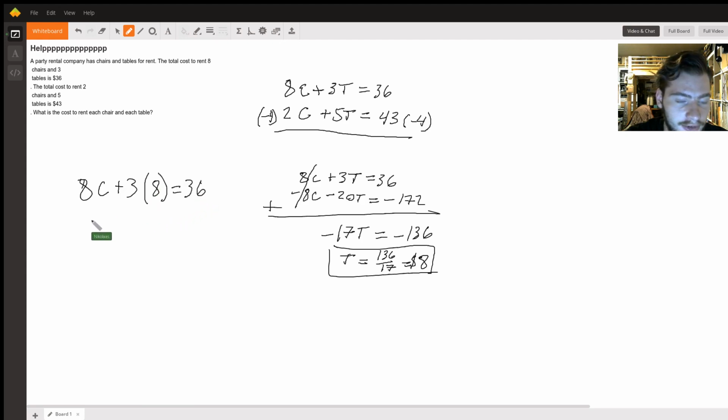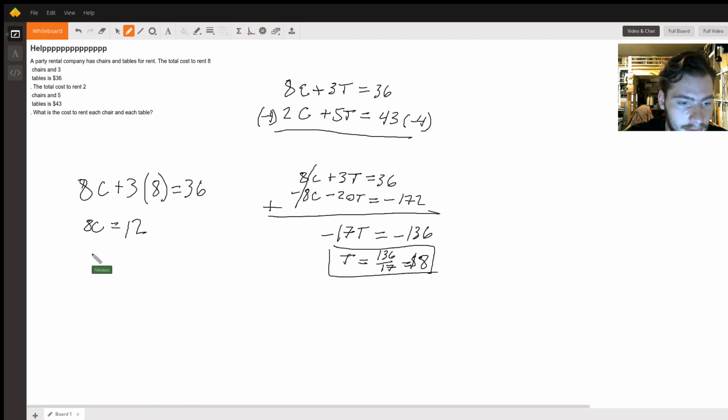Let's solve for c. 3 times 8 is 24. I'm going to skip a step here and subtract 24 from the other side. 36 minus 24 is 12, so 8c is equal to 12.